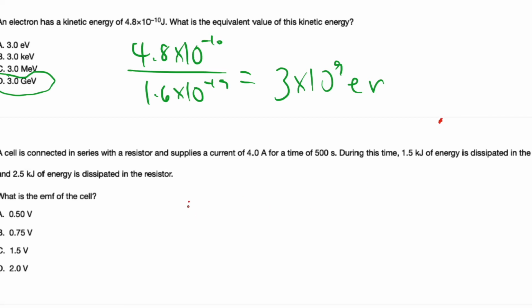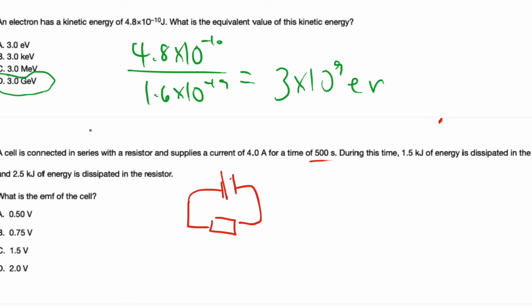So a cell is connected in series with a resistor that supplies 4 amperes at a time of 500 seconds. What is the total energy?